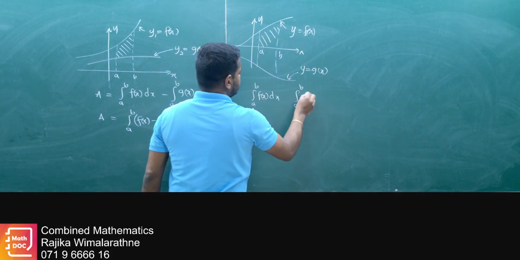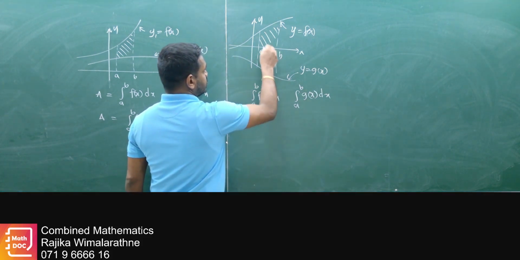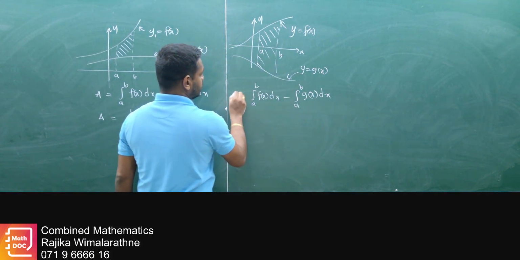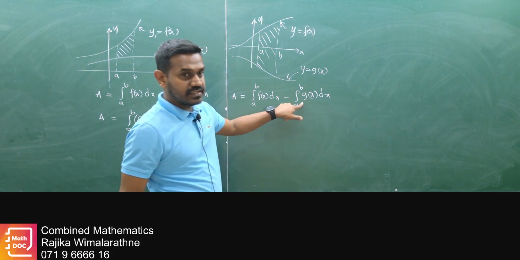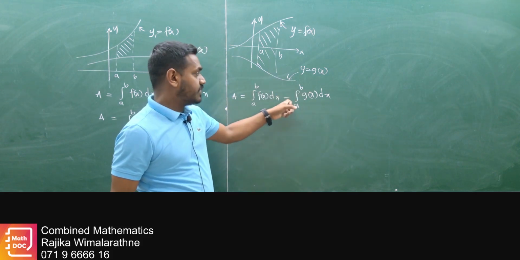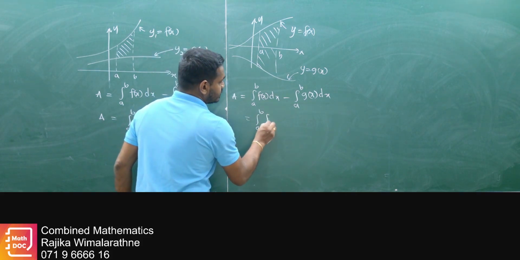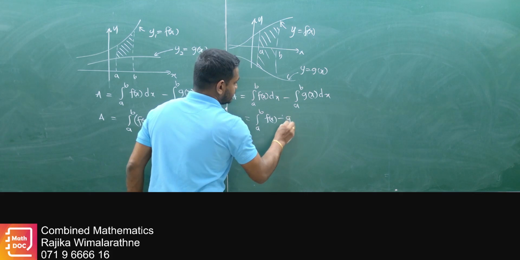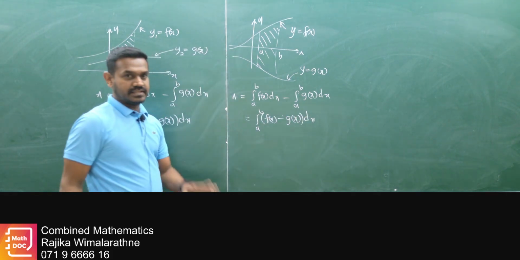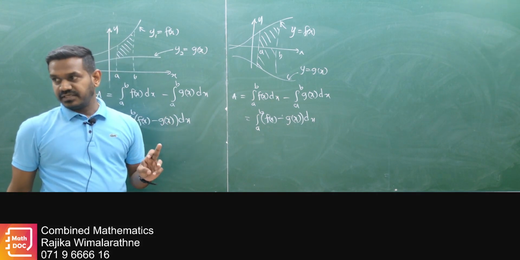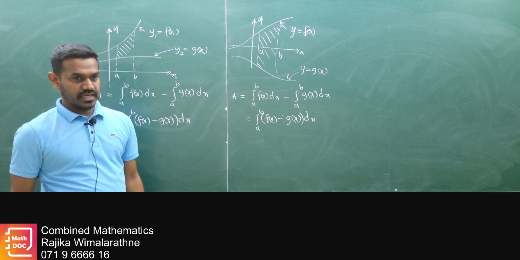Then a to b g(x) dx, then put a minus sign. That also represents the same area, taking the g(x) value and making it plus by multiplying by minus 1. Then finally, a to b f(x) minus g(x) dx. This represents the bounded area. Always the function difference represents the area bounded by 2 curves.